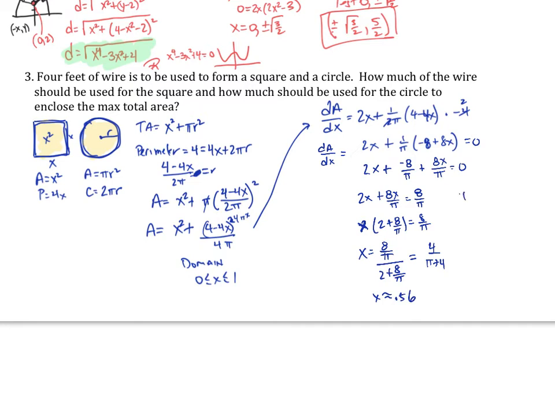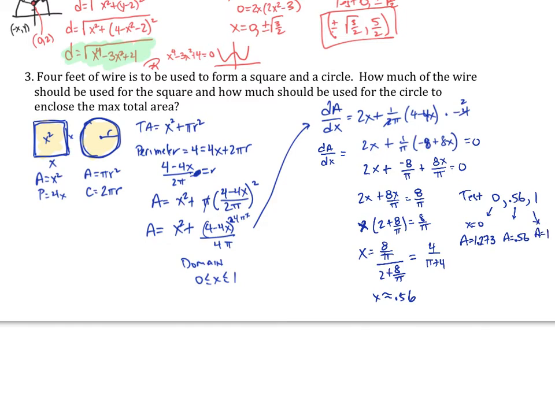So now I need to test 0, 0.56, and 1. At x equals 0, I get an area of 1.273. At x equals 0.56, I get an area of 0.56. At x equals 1, I get an area of 1.